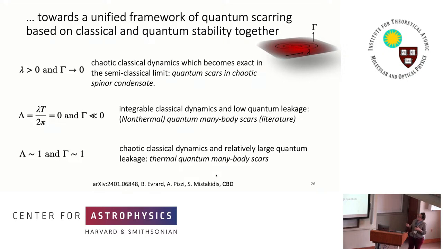And for this, we need to take into account both the classical and the quantum instability measures, basically the Lyapunov exponent and the leakage. I already talked about some of these regimes here with you. I didn't mention the non-thermal quantum many-body scar one, which is the quantum many-body scars that you would come across in the literature. You can ask me the details later.